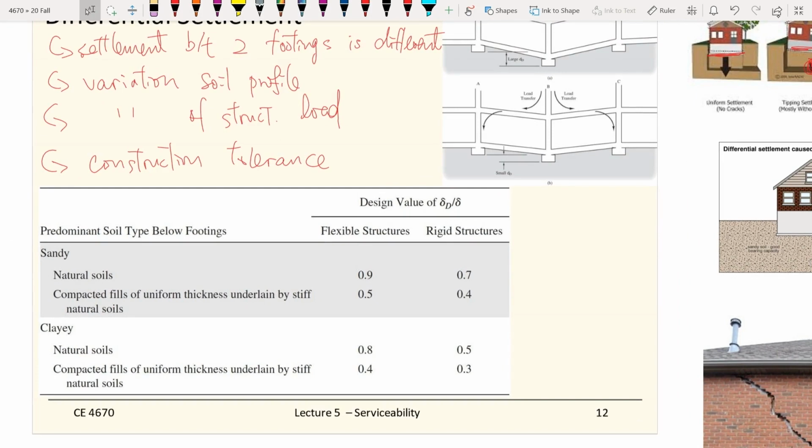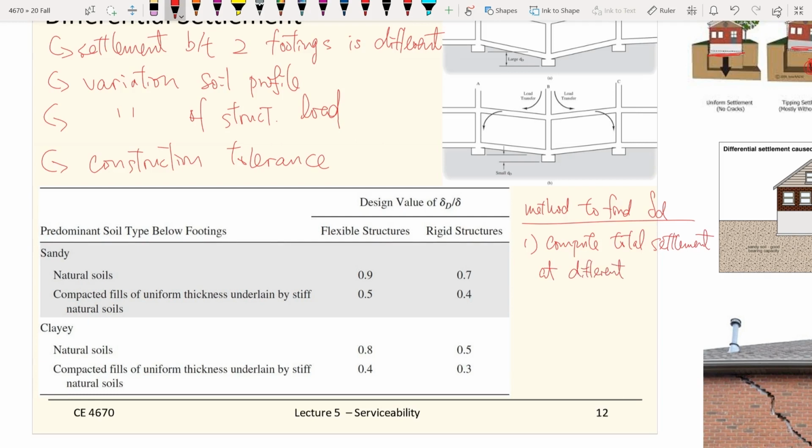So those are some methods to find the differential settlements. The differential settlement is the delta D right there. First is to compute the total settlements at different locations.